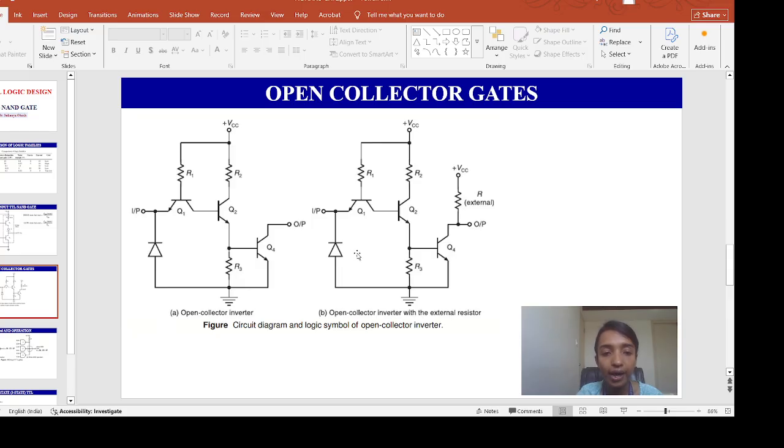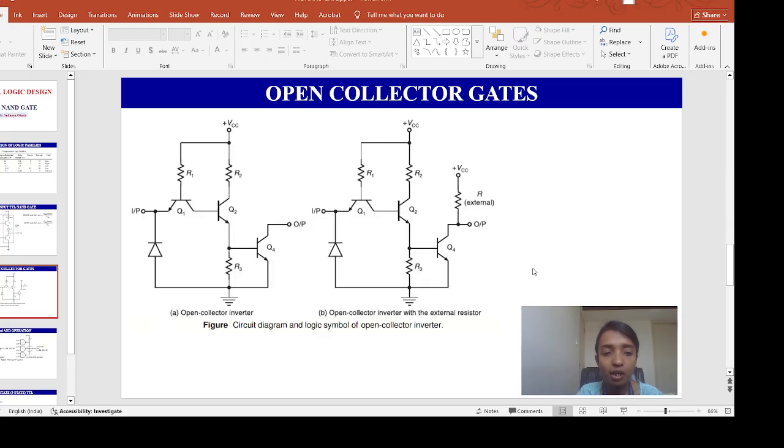because the time constant with which the load capacitance charges in this case is very high. In case of totem pole, it is active pull up. We have seen the Q3 transistor acting as the pull up transistor, and the on resistance of the Q3 transistor in that totem pole arrangement is very small.